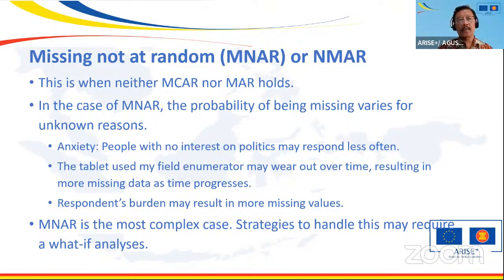But this is not related to their age, or whether they live in urban or rural, or whether they are rich or poor. But this is related to an unobserved variable. They find the survey so burdensome. And this kind of more or less can help you visualize the missingness mechanism behind the MAR, MNAR, and the MCAR.